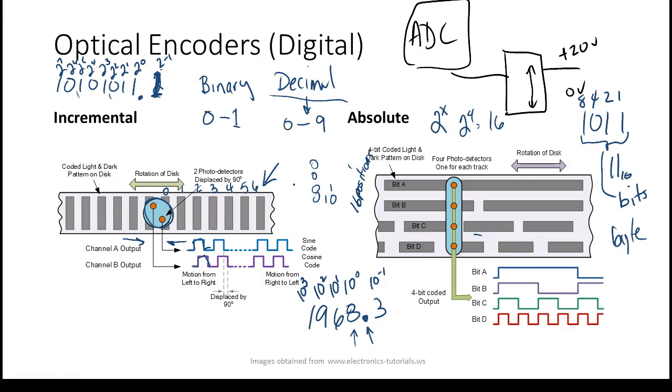On the incremental band, the resolution would be the spacing between these gray bars. The closer I can get those gray bars together, the better the resolution of the encoder. That makes sense. But I'm not limited by the number of bands. All we do here is just count.